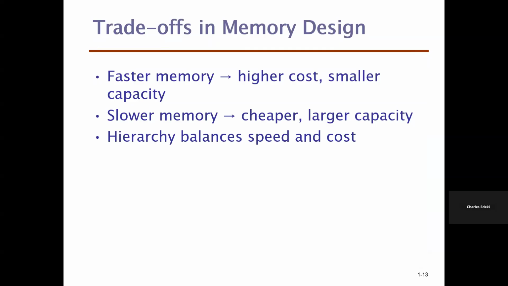The faster memory, of course, is more expensive and has smaller capacity, such as registers. Then the slower memory is cheaper with larger capacity, including your hard drive, etc. Now, the hierarchy goal is to balance, again, the cost and the speed of access time.